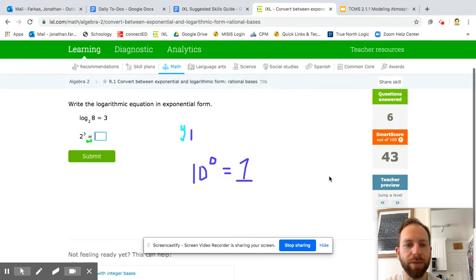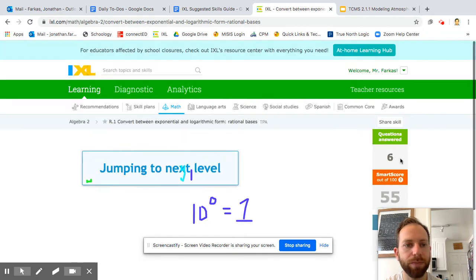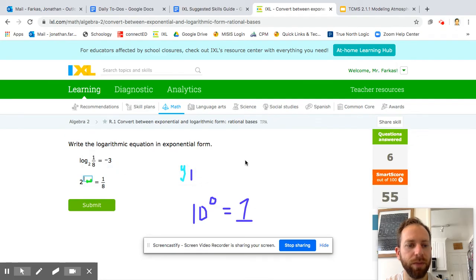All right, let's skip ahead and see if these get any trickier. Okay, so here we have fractions, right? Log base 2 of 1/8 equals -3. So 2 to what power makes 1/8? Well, remember, when you do it to a negative power, that means it's 1 over something.